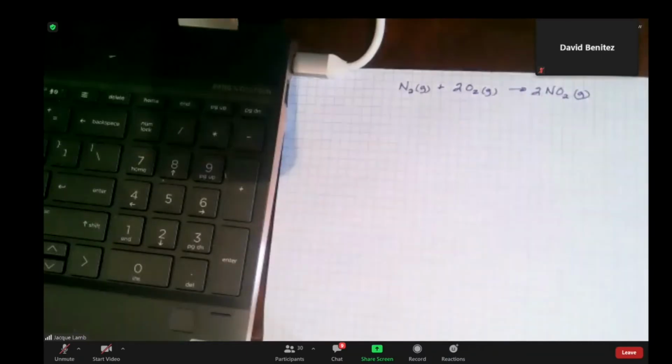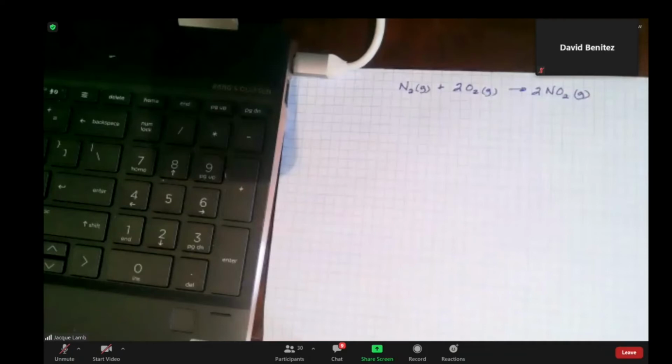We were given N2 gas plus O2 gas forming 2NO gas, and the delta H for that reaction was equal to 180.5 kilojoules.